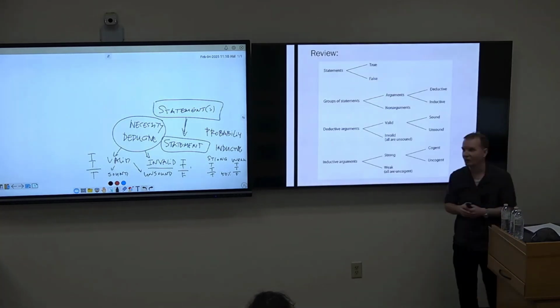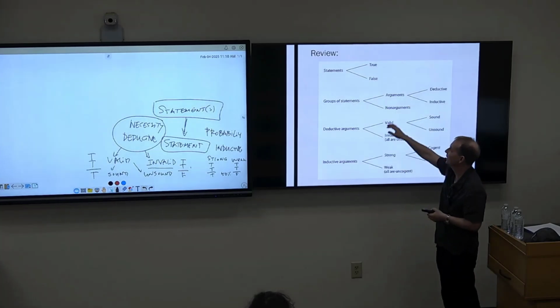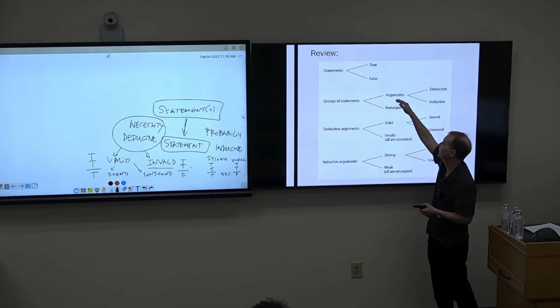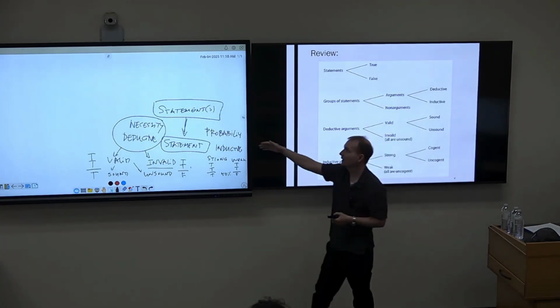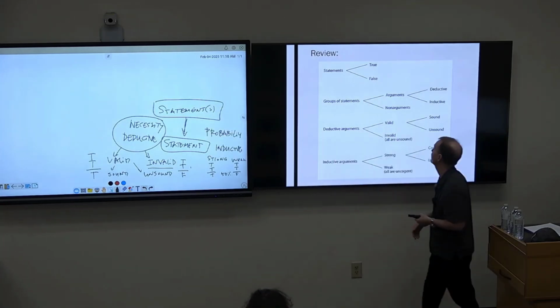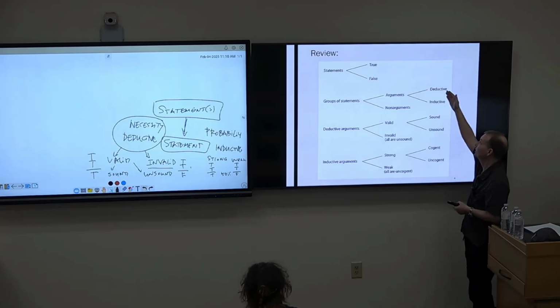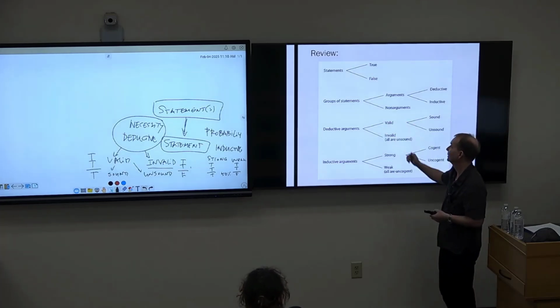So this is kind of a big table explaining all this, right? Statements, true or false. Groups of statements could be arguments or not. In order for them to be arguments, we have to have this differential link with one or more claims to support the other one. Then if they are arguments, they can be deductive and inductive. Deductive can be valid and invalid.